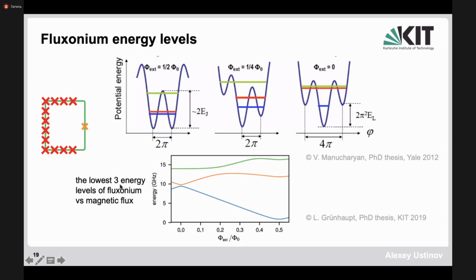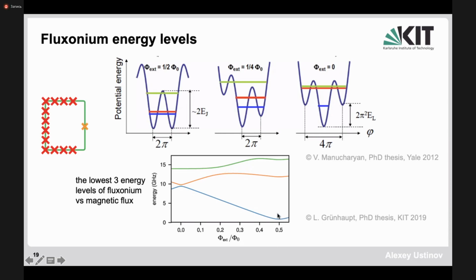What is written here is not correct. So these are not the three lowest energy levels versus flux, but the separation between the lowest three pairs of energy levels. So the blue line is the separation between 0 and 1, the orange line the separation between 1 and 2, and the green line is the separation between 2 and 3.